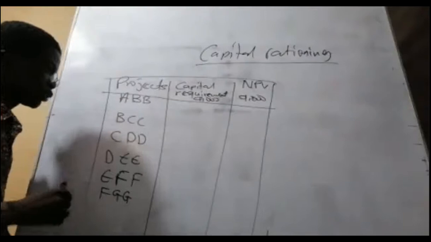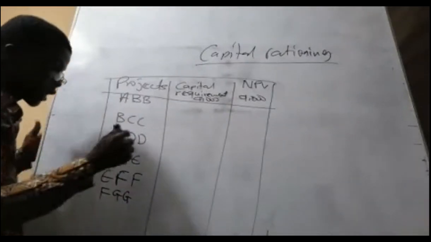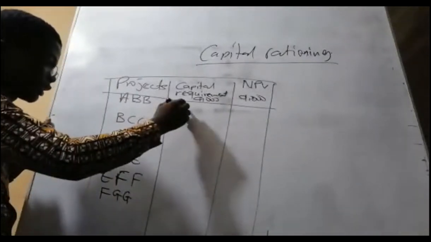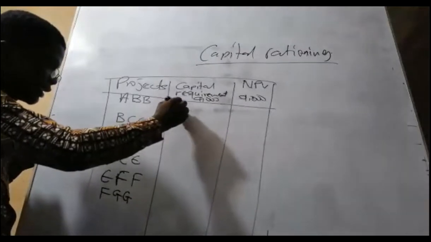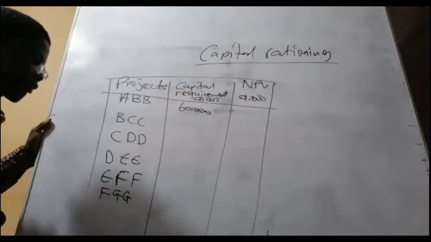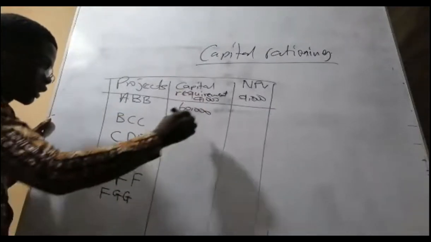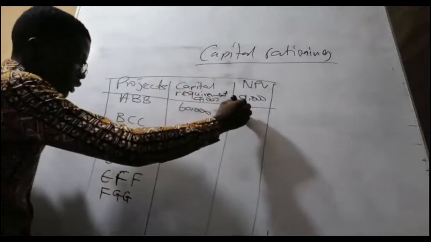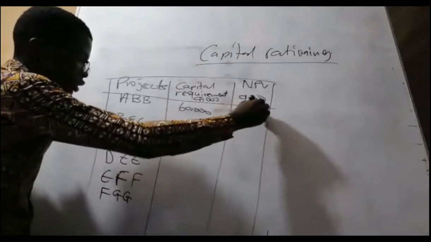First, project ABB, the capital requirement is 60,000 Ghana cedis, and the NPV is 12,500.